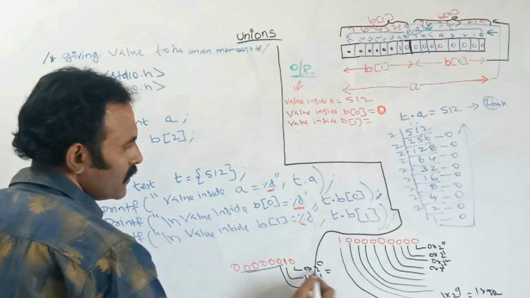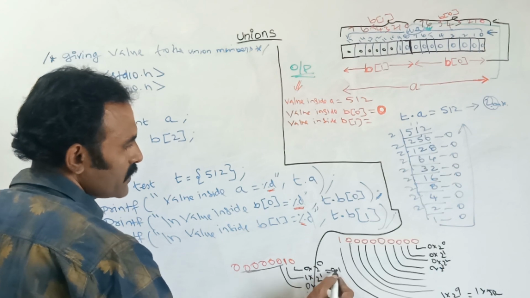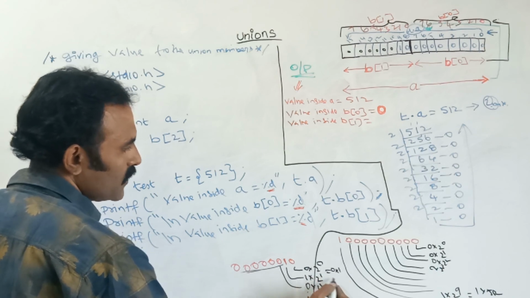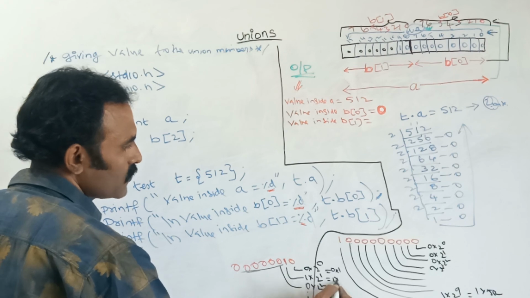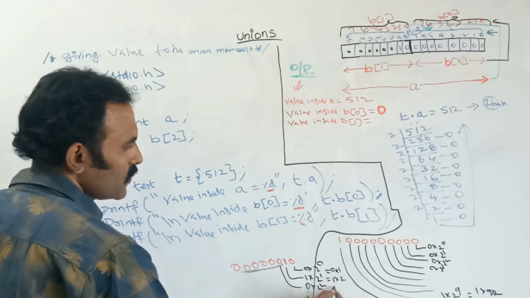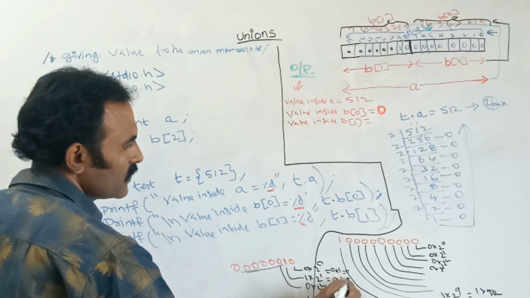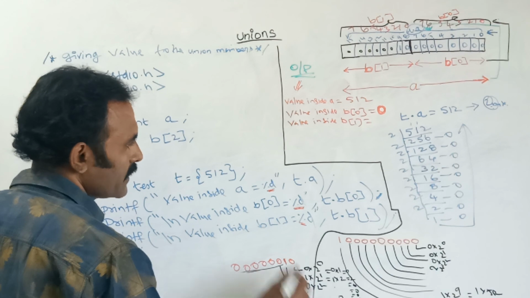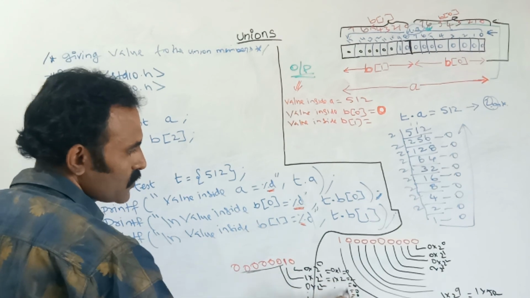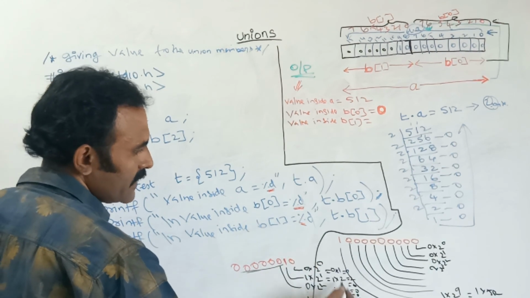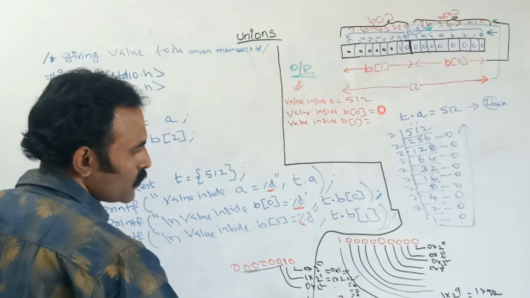So 0 into 2 to the power 0 is 0, next 1 into 2 to the power 1 is 2. The remaining everything will be 0, because we are multiplying the rest by 0. So when we add it finally, the value is 2.